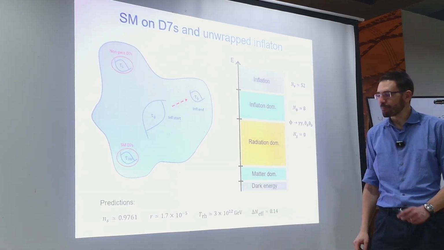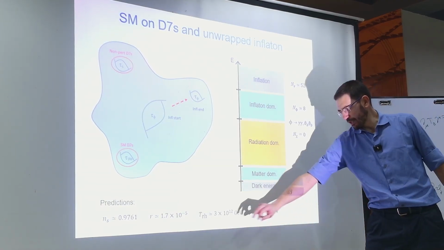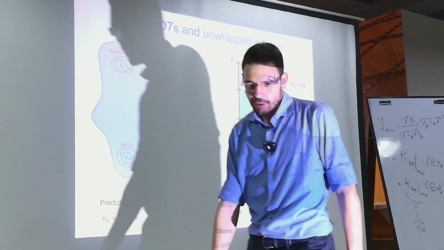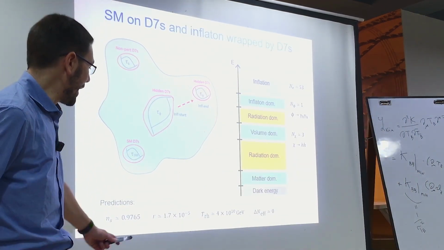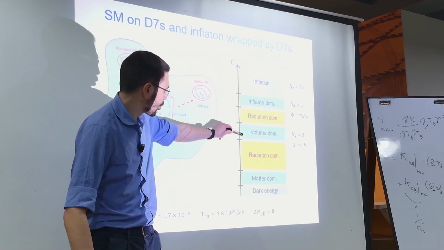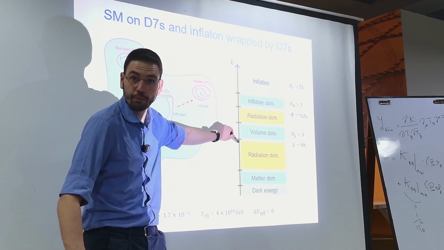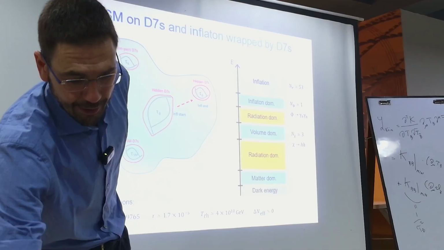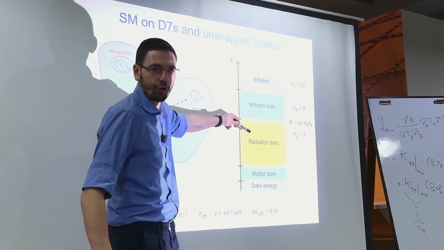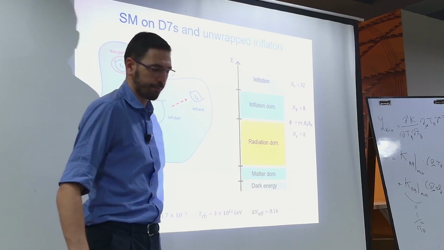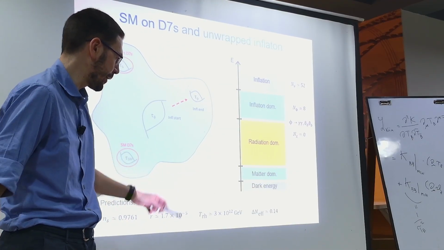The reheating temperature is a bit higher, though. Here it is 10 to the 12 GeV. Previously it was 10 to the 10 GeV, mainly because this reheating temperature was given by the decay of the volume. Whereas in this second scenario, you don't have any late time volume domination, so it just comes from the inflaton, and it's a bit higher.